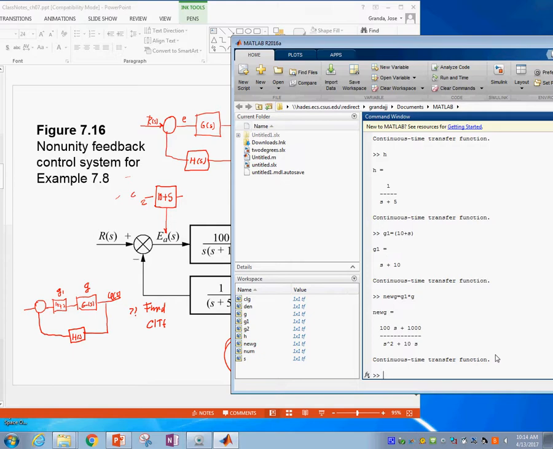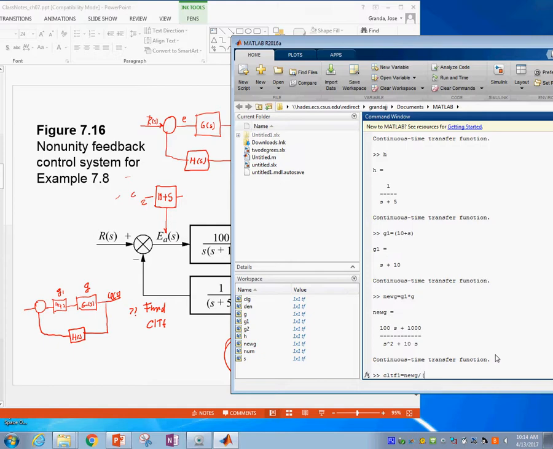All right? So now the overall transfer function, the closed loop transfer function, is going to be, so what do we say? Closed loop TF, closed loop TF 1, because it's a new one compared to what we were doing before, right? This G is going to be new G divided by what?